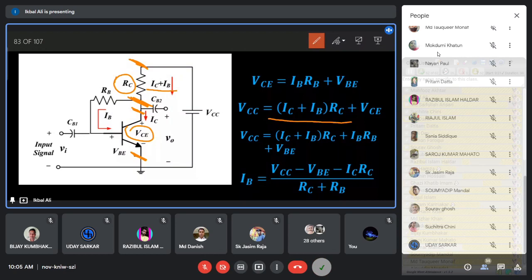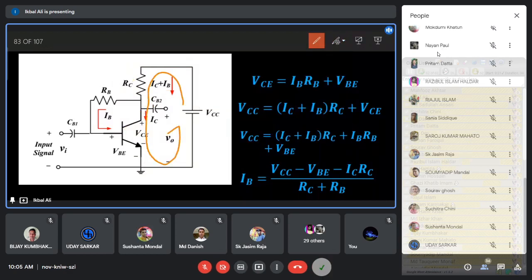The summation of these two voltage drops should be equal to VCC. So this is the second KVL equation, the KVL equation applied to the output loop.